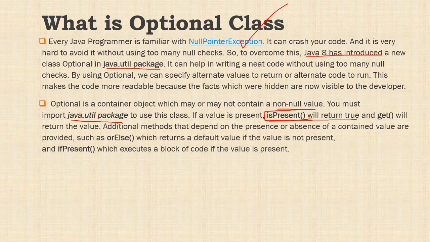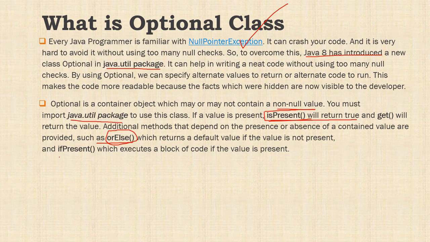An additional method that depends on the presence or absence of a value is provided, such as orElse. So the orElse method is also there. If the value is null, then it will give the default value. Okay, so we'll see examples for all the methods one by one. It returns a default value if the value is not present. ifPresent executes a block of code if a value is present.